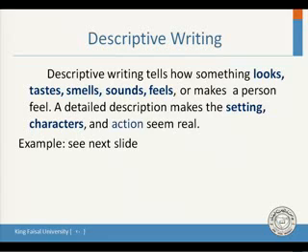Okay? And usually you talk about the setting and the characters and action. Three things as we mentioned. Setting, time and place, characters, the people, and actions, what is happening around you.